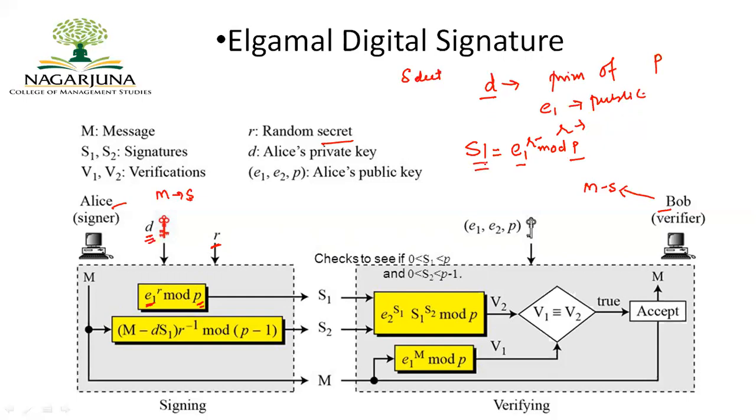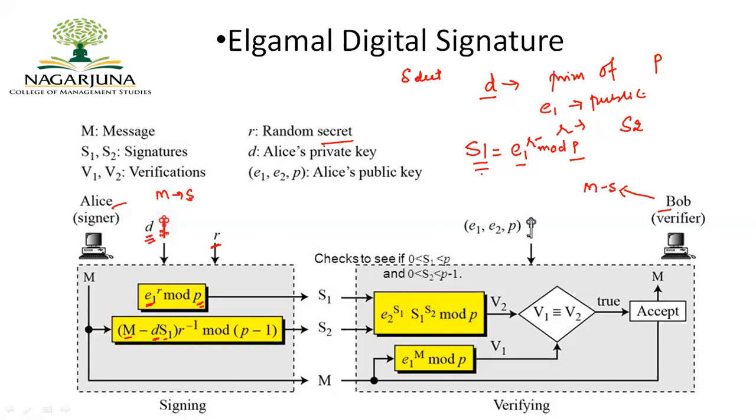Once S1 is generated, Alice is also going to generate one more signature called S2. He makes use of the message M which has to be sent to Bob. With the help of M, he finds the difference between M and the product of the private key D and S1.